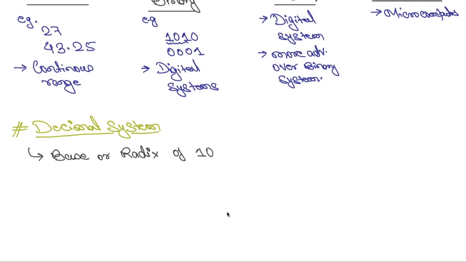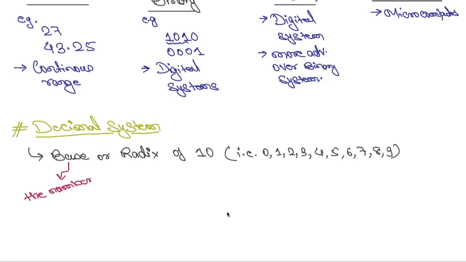Did you read this before coming? That is 0, 1, 2, 3, 4, 5, 6, 7, 8, and 9, right? What is the base or radix?